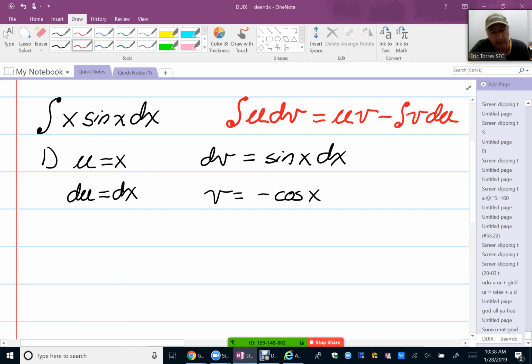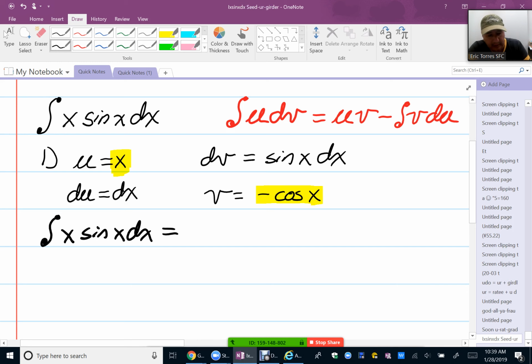So all I have to do now is plug everything into its proper place. So my antiderivative of x sine of x dx is going to equal u times v.